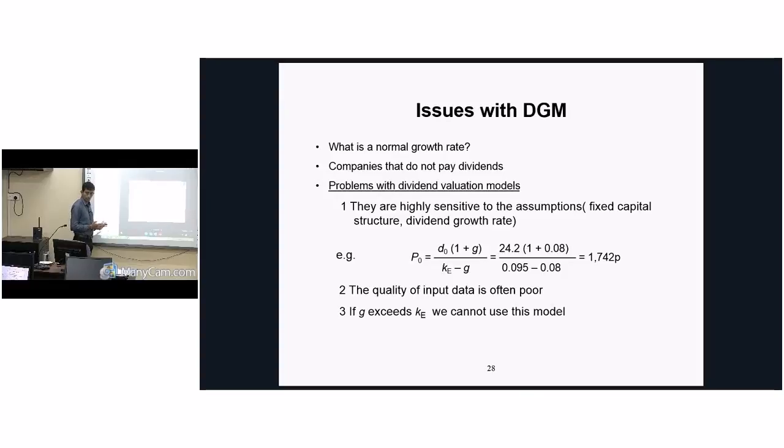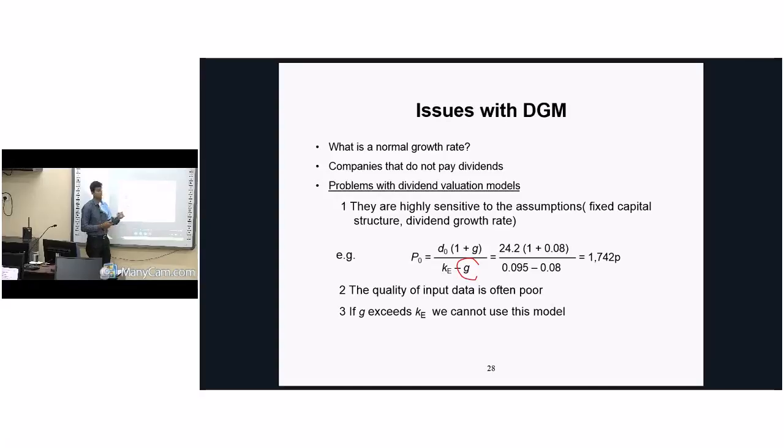That's okay, no? Fine. The next point we discussed, which was already brought up previously: if the growth rate is higher than the cost of equity, is that possible? Can we have a situation where the company's growth is much higher than the cost of equity? Is it practical? It is practical, especially when firms are at their early stages. In the first 5-10 years, the company is growing at an unprecedented rate.